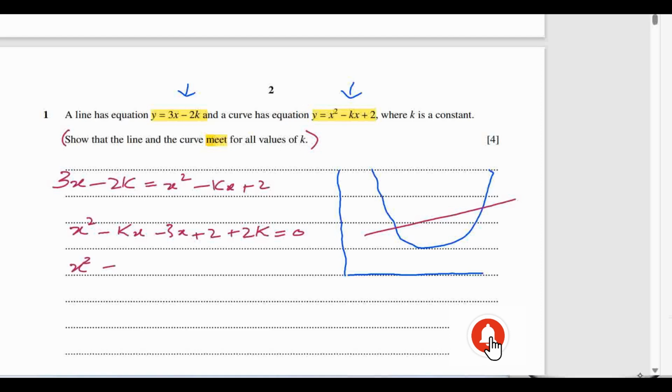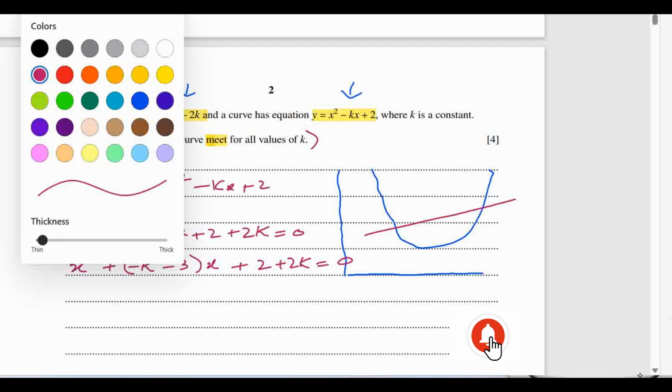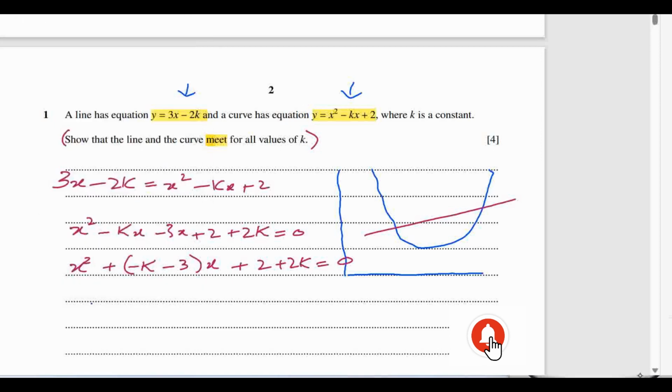Now we can write it as x square plus minus k minus 3 x plus 2 plus 2k equals 0. From here we can see that the value of a is 1, because we are comparing it with the quadratic equation ax square plus bx plus c equals 0.